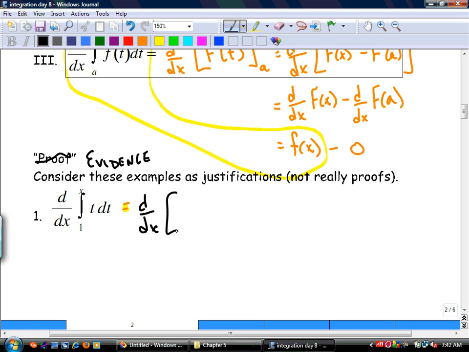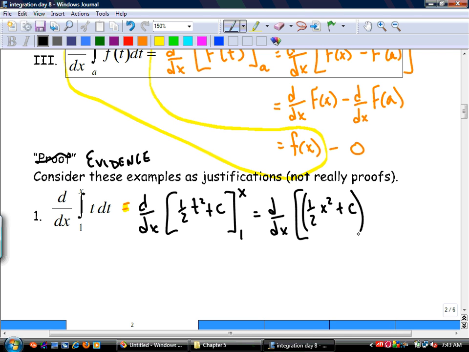So the antiderivative of t dt is 1/2 t squared plus c, and we're going to evaluate that from 1 to x. Substitute in x, you get 1/2 x squared plus c minus 1/2 1 squared plus c.